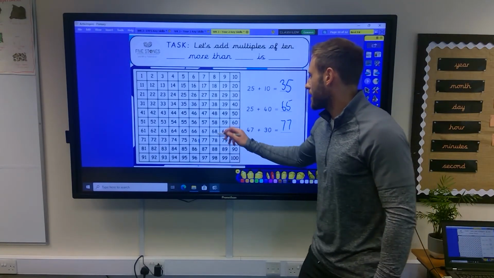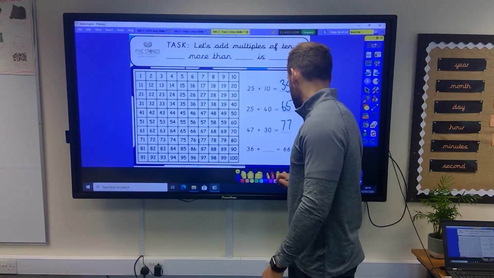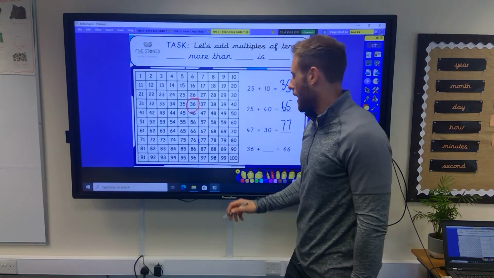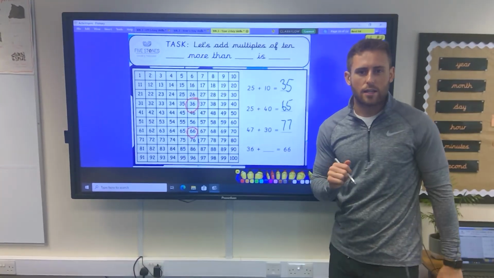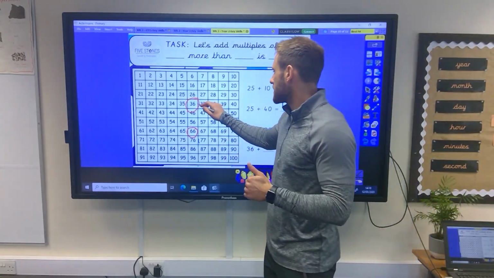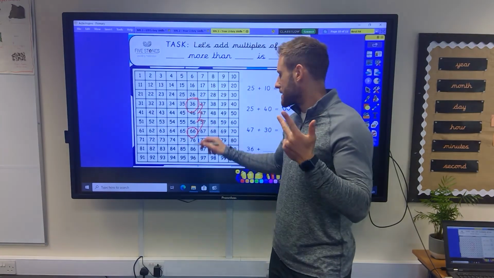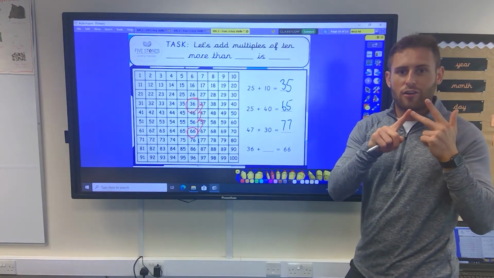So now we've got 36, and we've gotten to 66. We now need to think how many tens that took us to get there. 36, 46, 56, 66. So we needed 3 tens, which is 10, 20, 30.